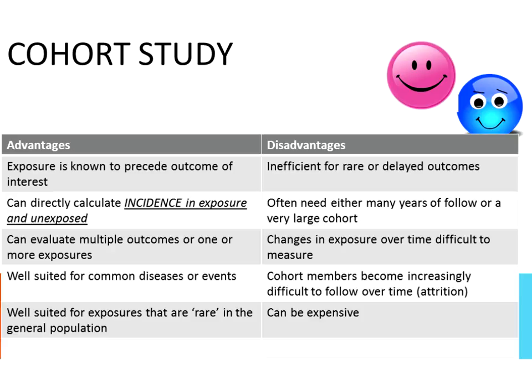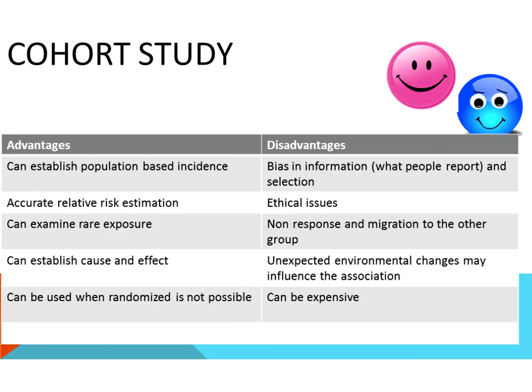So you might have started off smoking at 18, but by the time you were 21 you stopped smoking, and then when you were 25 you started smoking again. So it's really hard to tease out those variables. That's the example of members leaving and coming back into the study. People also die or they don't follow up anymore, and cohort studies can be really expensive.